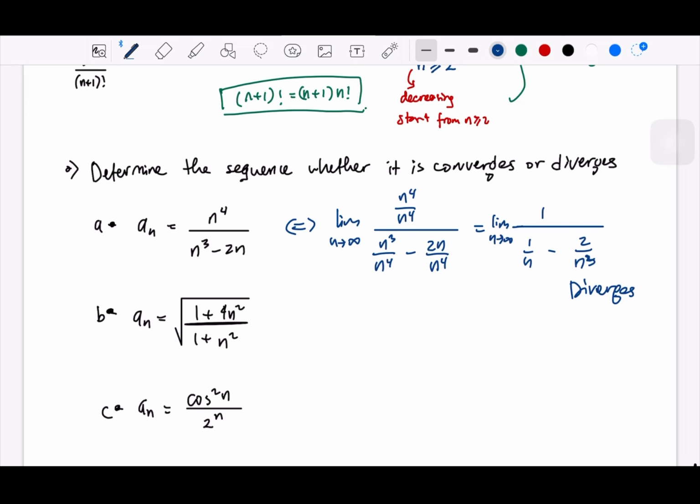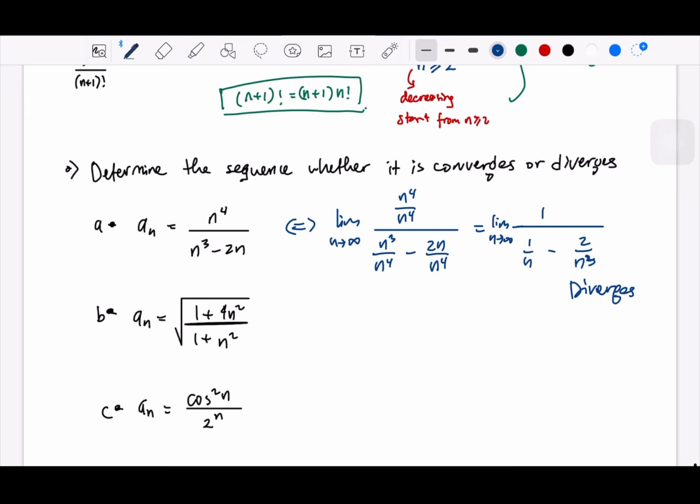Now from the same or similar logic, for the second sequence we could get easily that n squared, same power. Not really caring much about this square root, right? Because it's going to be the same power, so this should converge.